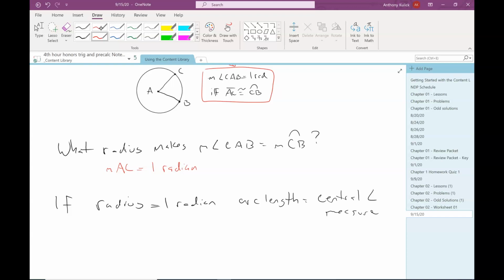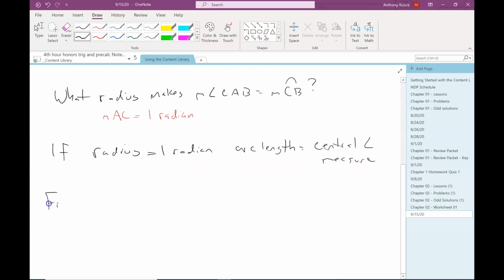Or if you have kilograms and pounds, you want a way to convert back and forth. Everybody's okay with that? Okay. So finding a conversion factor between degrees and radians.